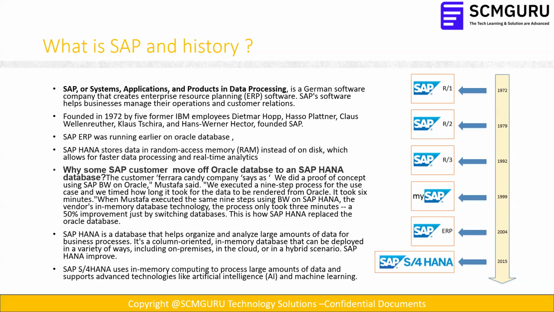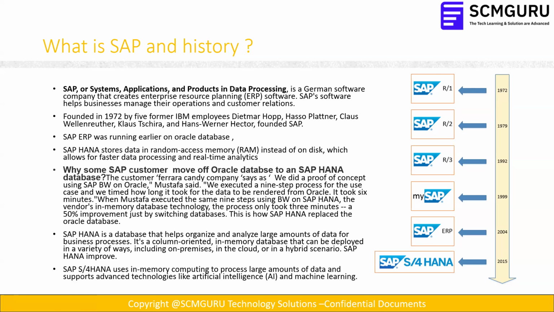So SAP is German-based software. It was launched in 1972 and founded by five IBM employees in the city of Walldorf, Germany. SAP first launched R/1, a single-tier architecture.